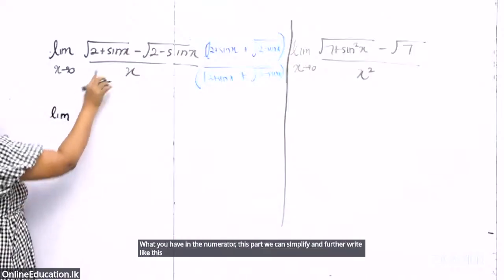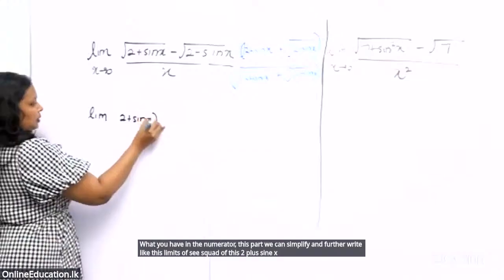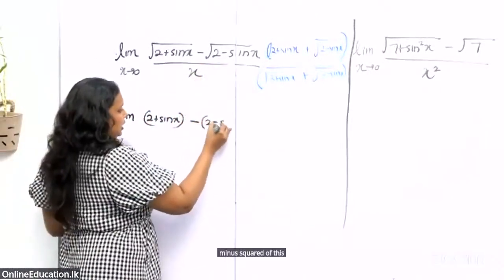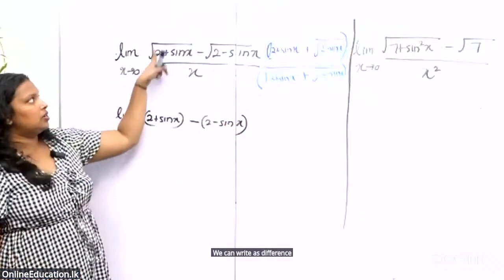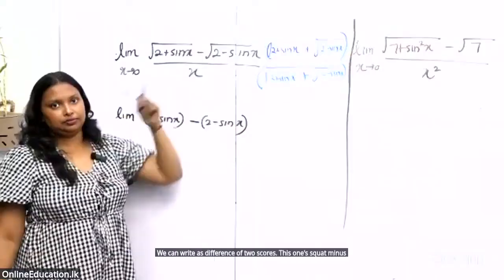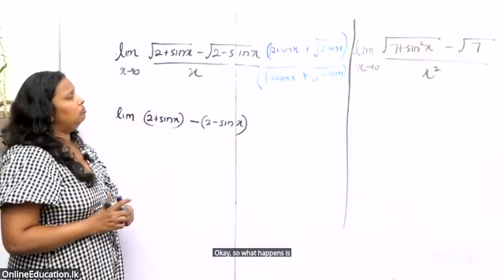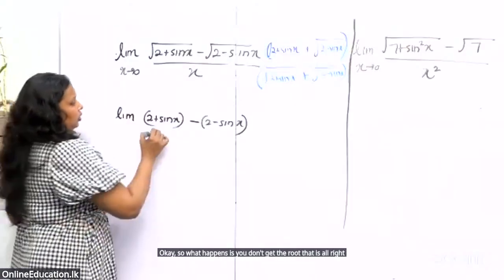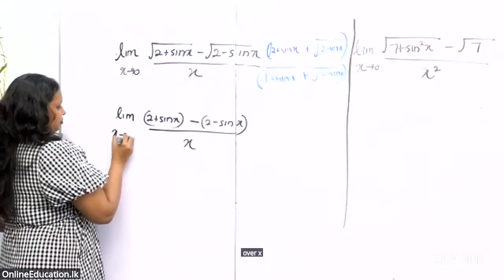Limits of, see, square of this 2 plus sin x minus square of this 2 minus sin x. We can write as difference of two squares. This one squared minus this one squared. Clear? So what happens is you don't get the root. That's all. Right? Over x when x tends to 0.